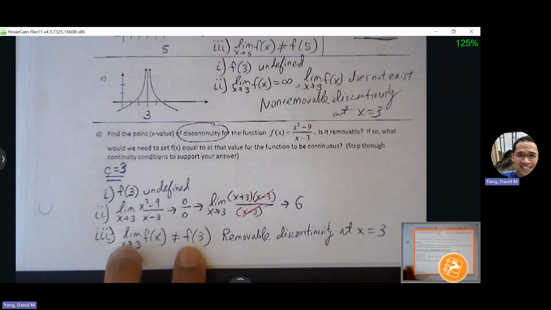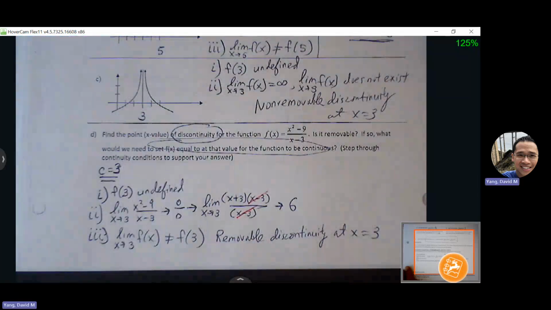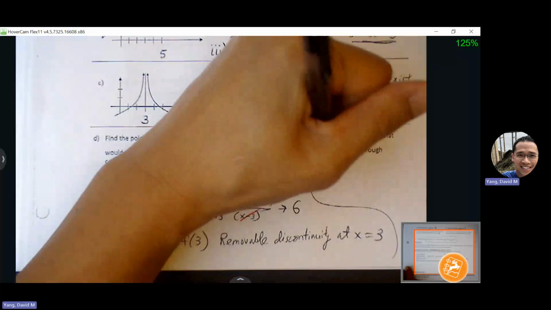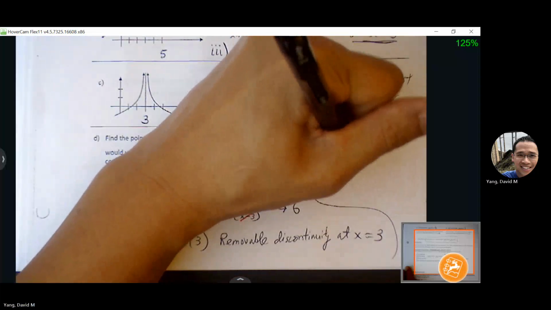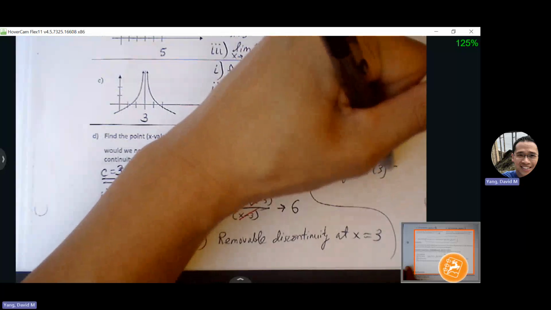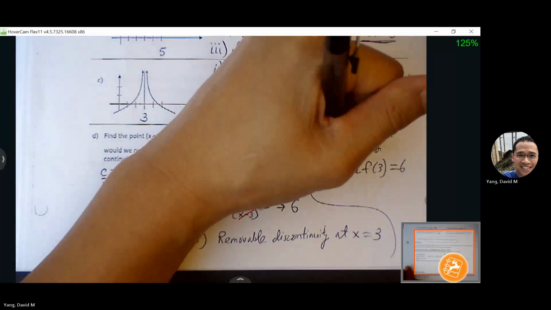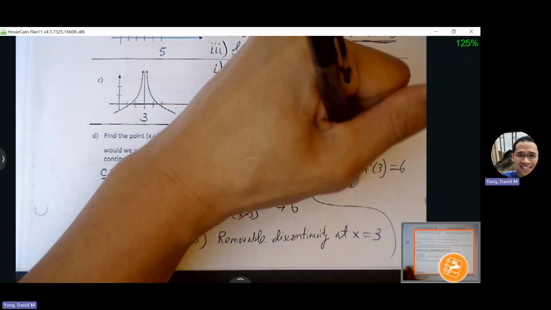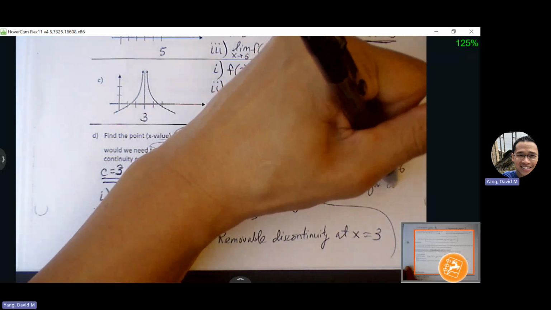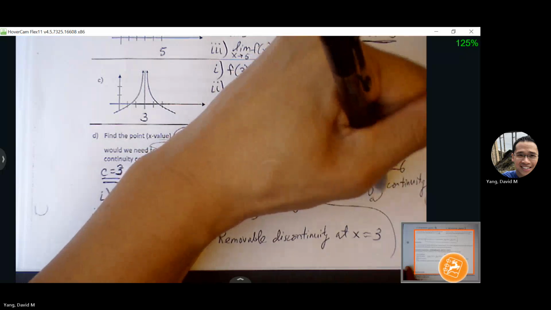It says, how would you redefine? So we would redefine f of 3 to be equal to 6 in order for continuity at x equals 3.